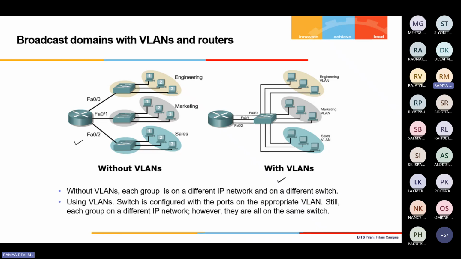These switches are connected to a router using different Fast Ethernet ports, 0, 1, and 2. Every department has a separate IP network, and each switch creates a broadcast domain. This is one broadcast domain, this is another, and this is the third.